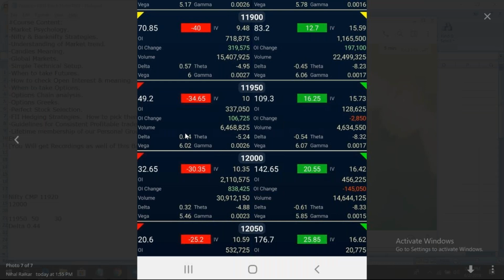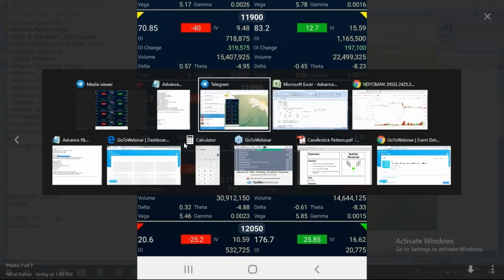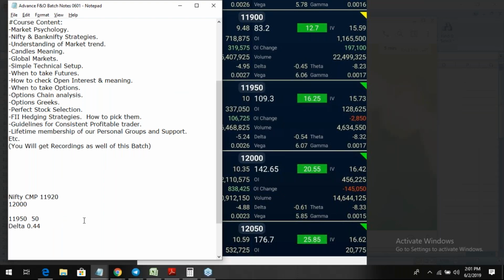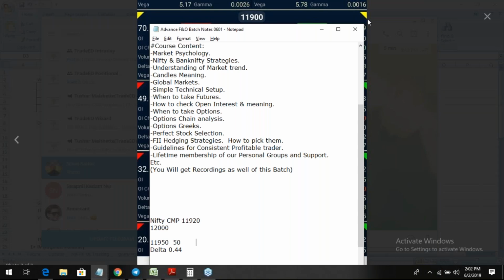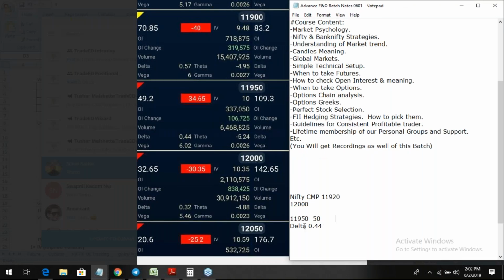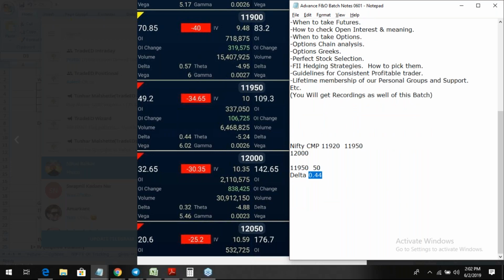So what does delta denote? If Nifty goes 1 rupee up, your premium goes 0.44 rupees up. If you bought the 11,950 call at 50 rupees and Nifty goes 30 points up, and your delta is 0.44, please understand first.